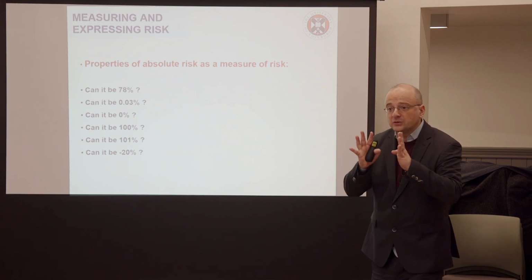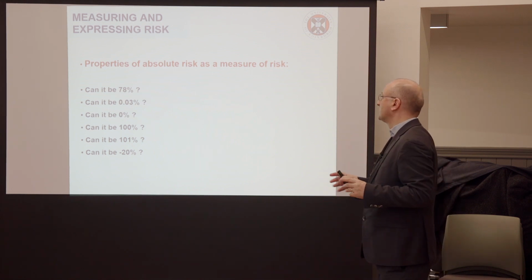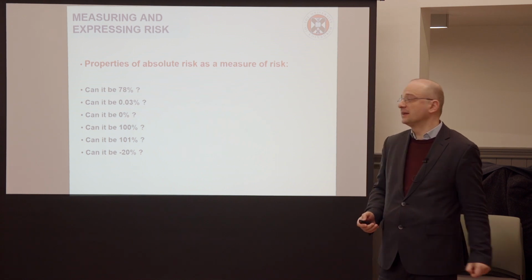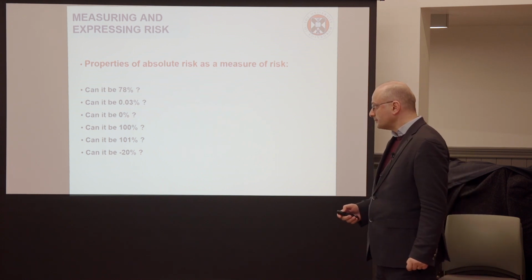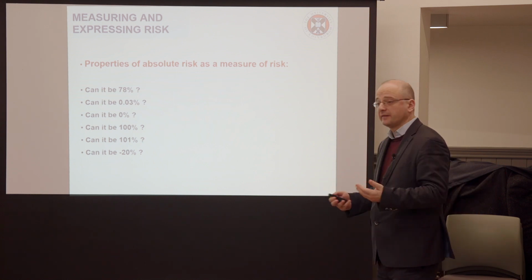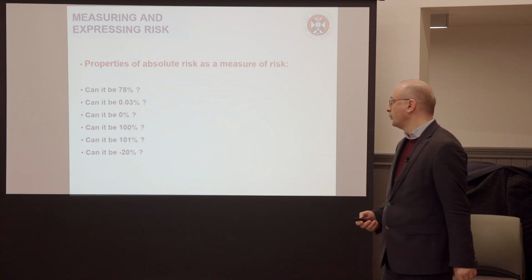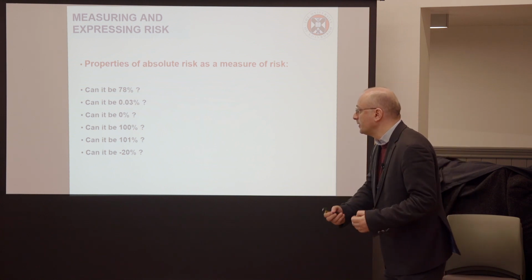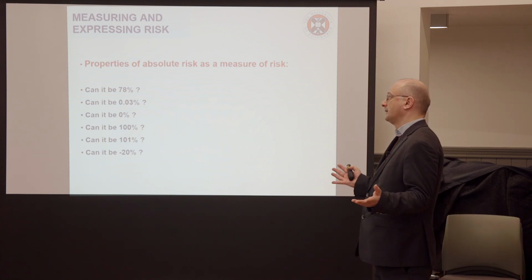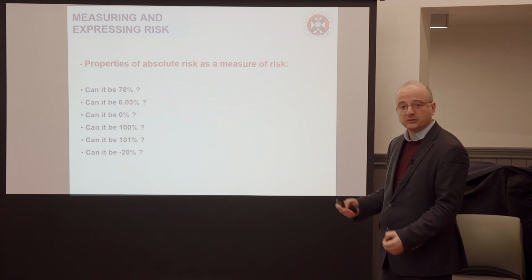So to make sure that you really understand absolute risk as a measure of risk, I'm asking you, can it be 78% the absolute risk? Yes, it can. 0 to 100, so it can be 78%. 78% chance that something will happen. Can it be 0.03%? It's still greater than 0, and it can, and it's still less than 1.